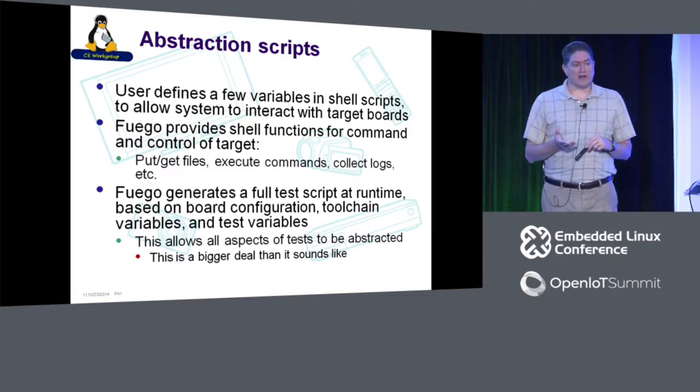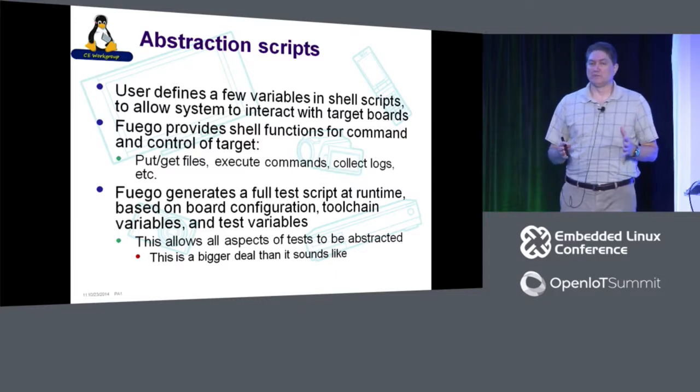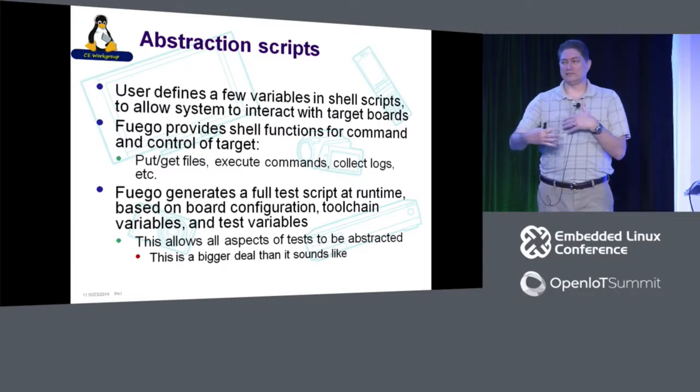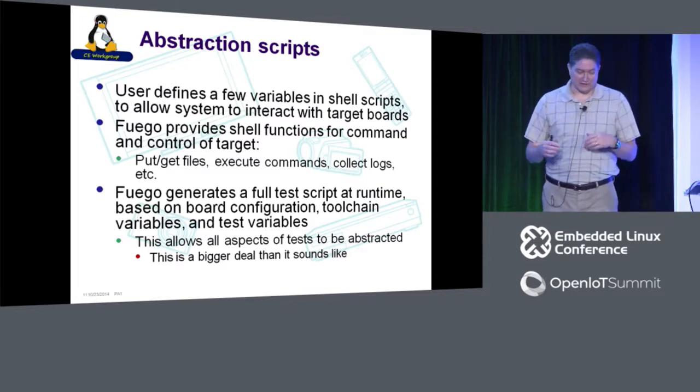Then Fuego provides a bunch of shell functions for command and control. There are abstractions for putting and getting files on the target, executing commands, rebooting the targets, collecting logs, and stuff like that. So it's not tied to any particular board type or interaction type.